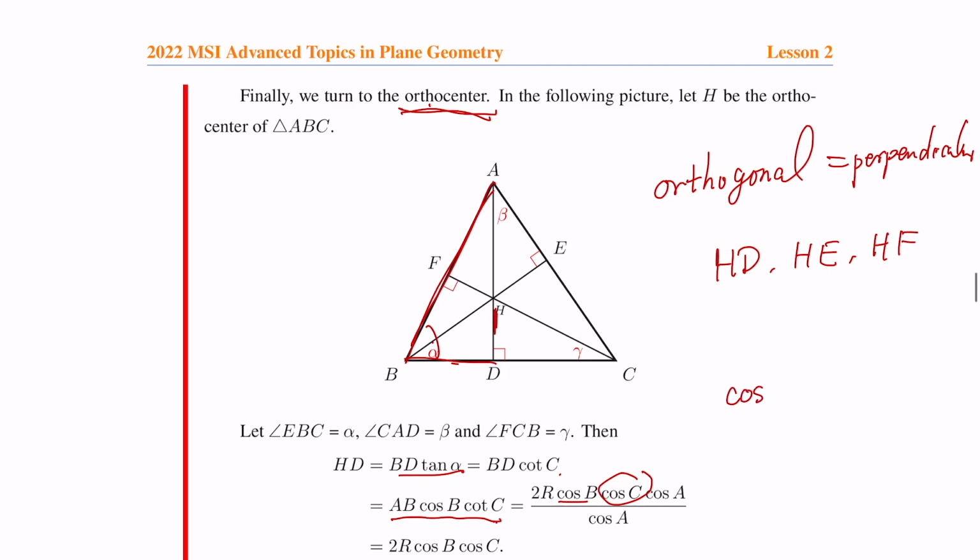Okay, maybe there's a typo. AB is 2R sine C. That's 2R here. But cotangent C is cosine C over sine C. So anyway, in the end, we would get 2R cosine B cosine C.